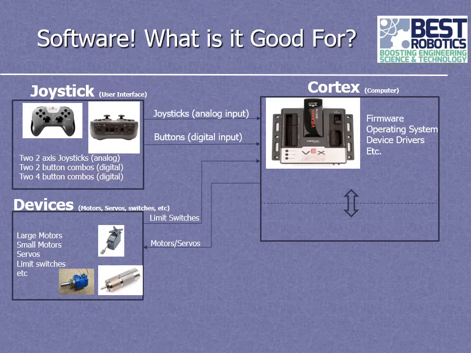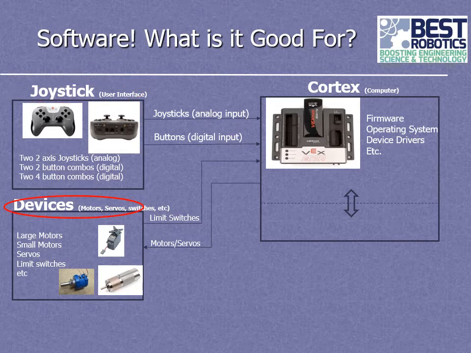On this slide, I'm just trying to give you kind of an overview of the components of the system that you're going to be dealing with. The first thing, of course, is the joystick. This is what sends all the signals to the robot, the Cortex in this case, from the buttons, all the various things that an operator can do. All the signals will come from this, and it will be fed into the Cortex.